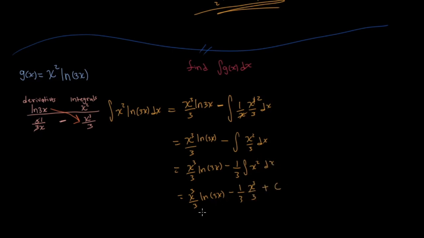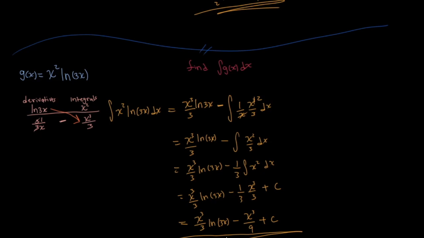We can leave it there, or we can simplify, which I'm going to do, to our final answer: x cubed over 3 ln 3x minus x cubed over 9 plus c. We could even simplify it further, but I'm just going to leave it in this form. And there is our answer.